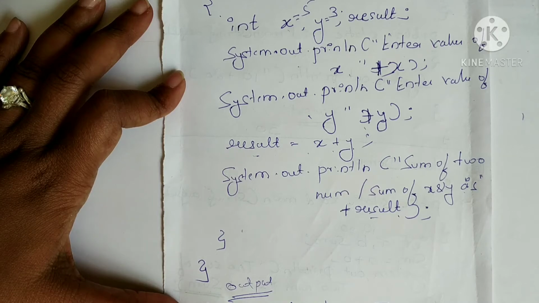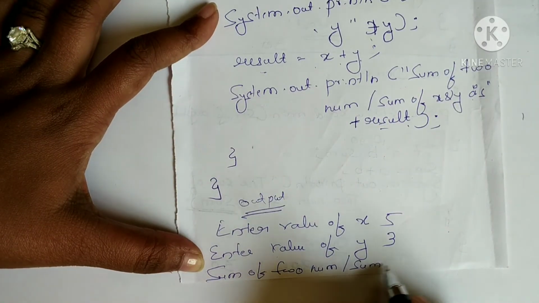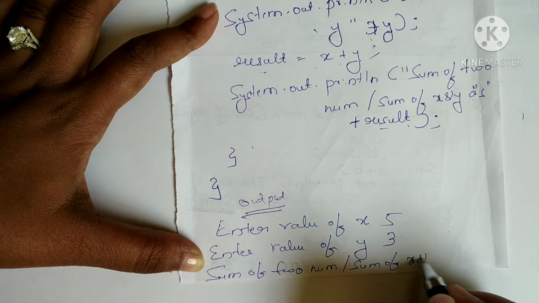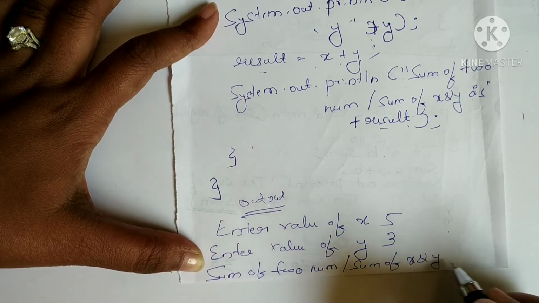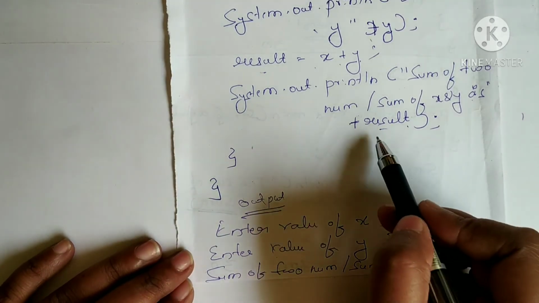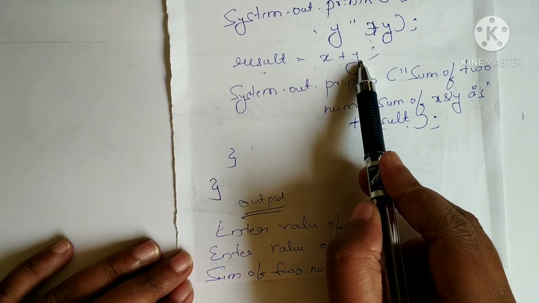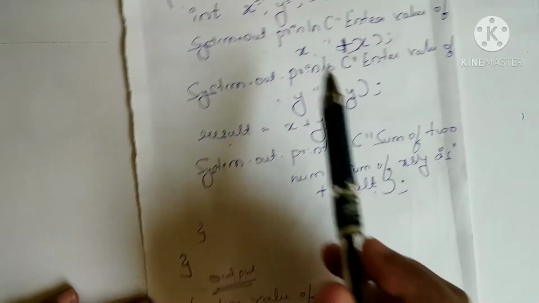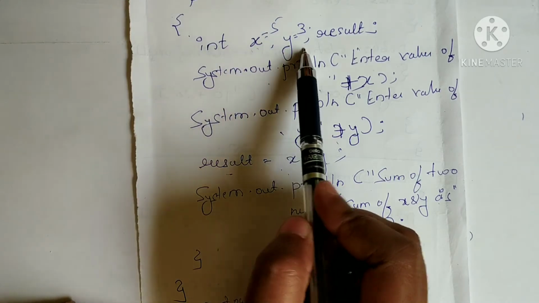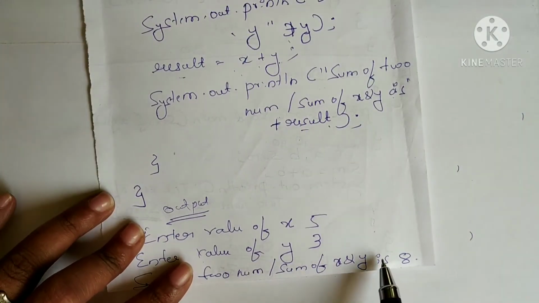Then sum of two numbers or sum of x and y is 8. Here the result adds the x and y values. The x value is 5, y value is 3, so the result is 8.